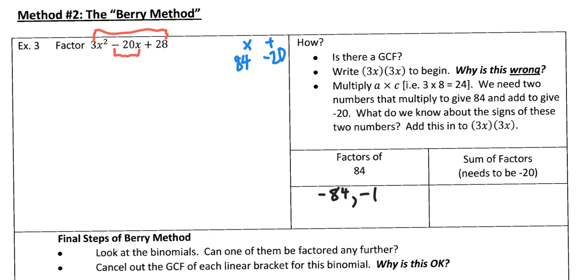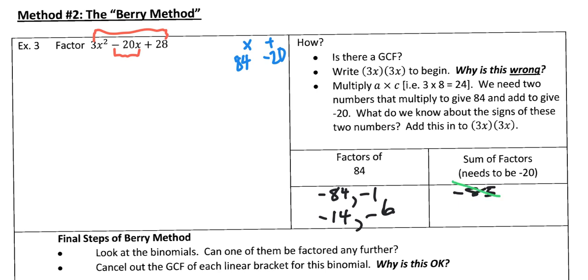Now, another factor of 84 is negative 14 and negative 6. And now what we have to do is we just need to check to see if these numbers add. So negative 84 and negative 1, when you add them together, you're going to get negative 85.